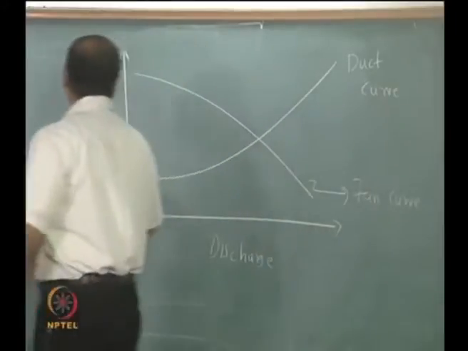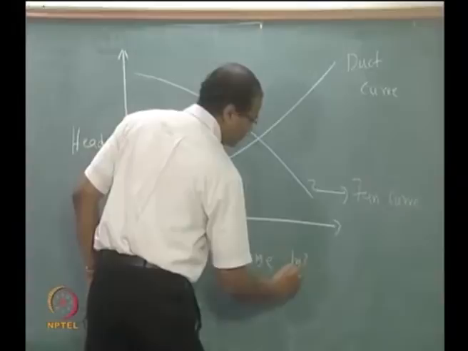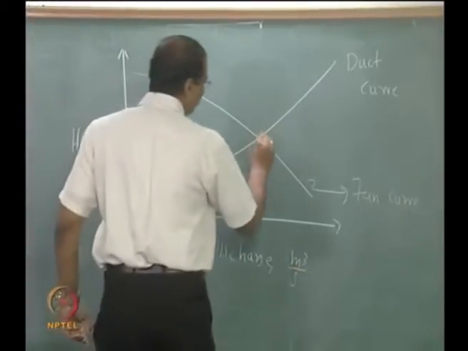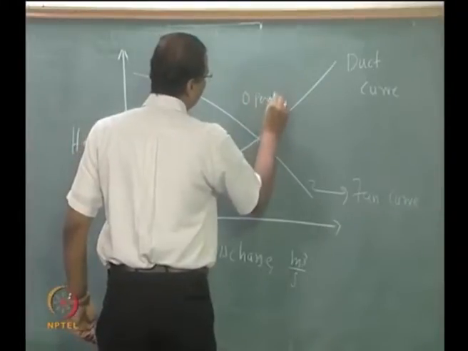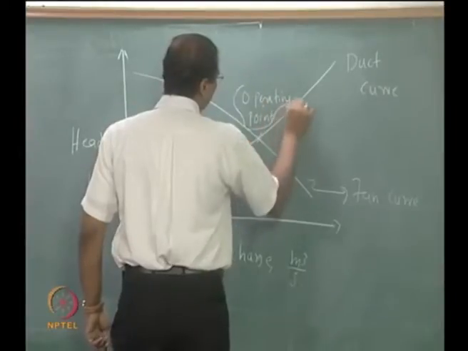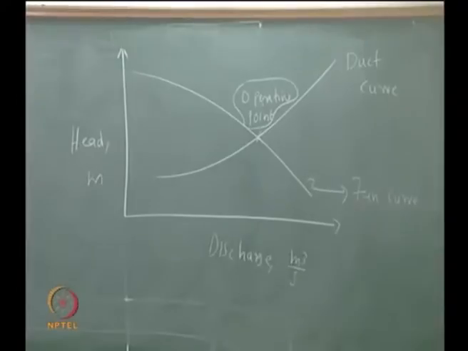What about our duct curve? Okay, so this could be meters or it could be whatever, this will be meter cube per second. So this is the operating point.